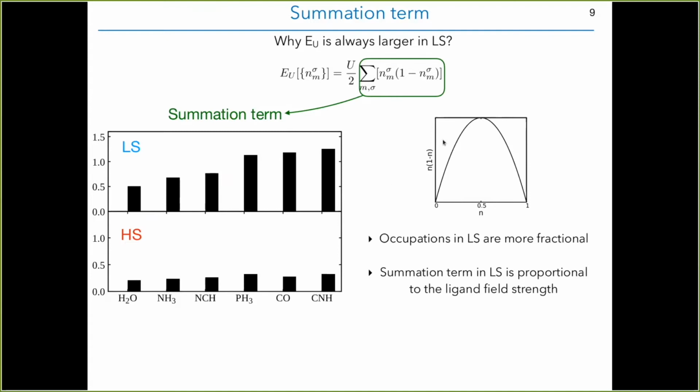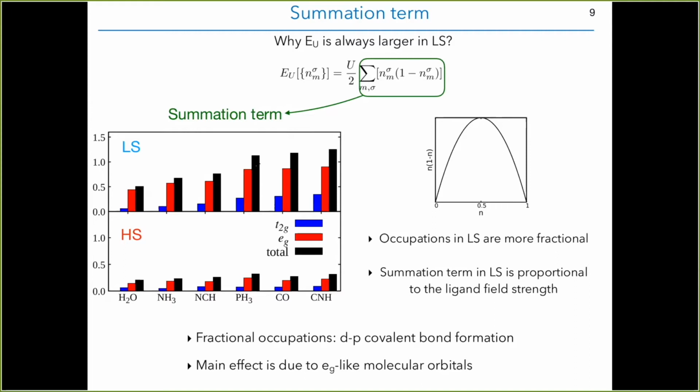Of course, the summation term is proportional to the fractionality, so the fractional values of the occupation matrix elements. And it has to be noticed at this point that even though in the case of Mott insulators, fractional occupancies were associated with a metallic behavior, here fractional occupancies are because of the strong hybridization between the iron and the ligand states.